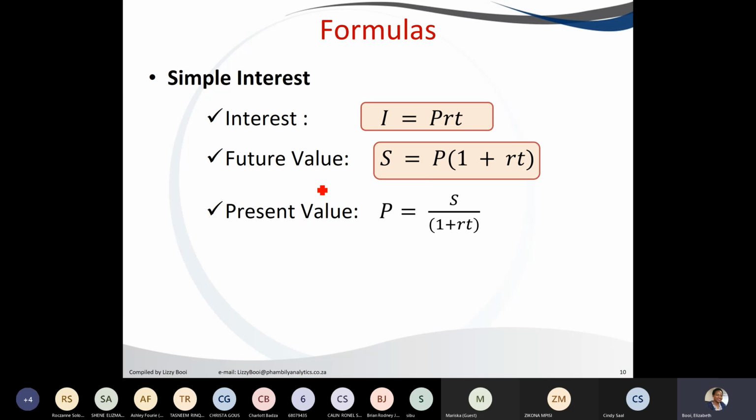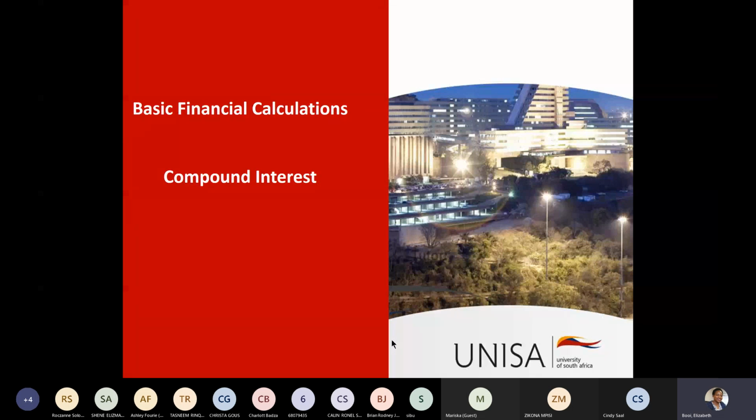You can do all those manipulations of the equations and have them ready to answer the question. Okay, so we move on from simple interest and we go into compound interest.